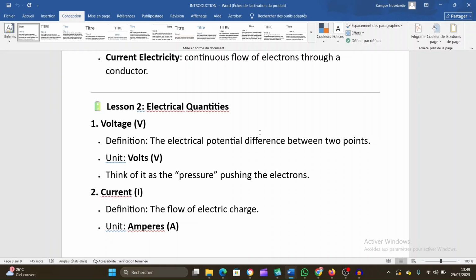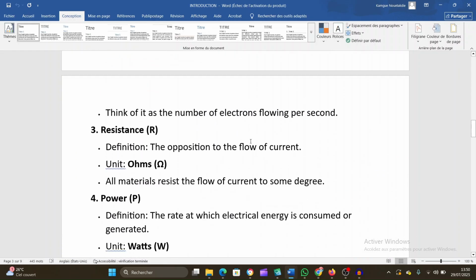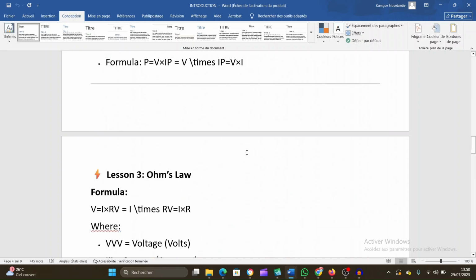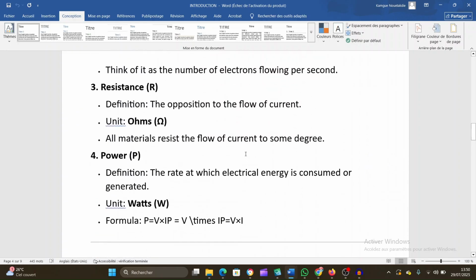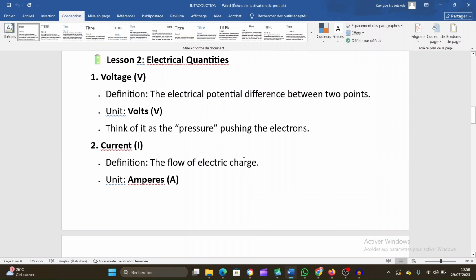Well, the electrical potential difference between 2 points is what we call voltage.